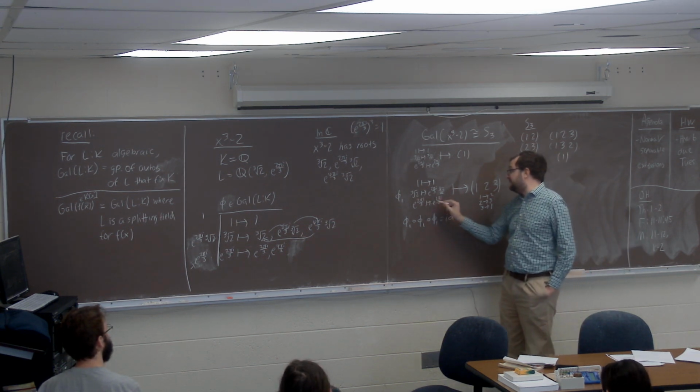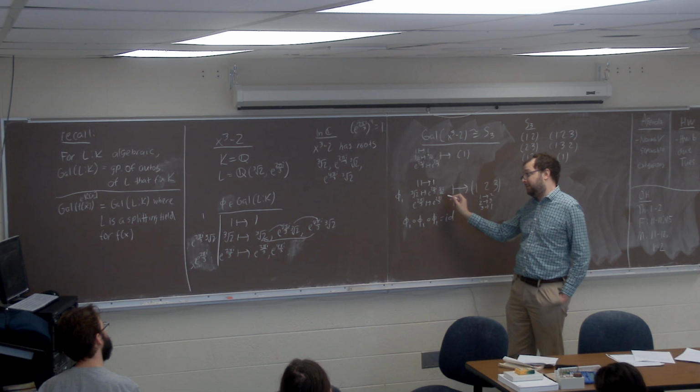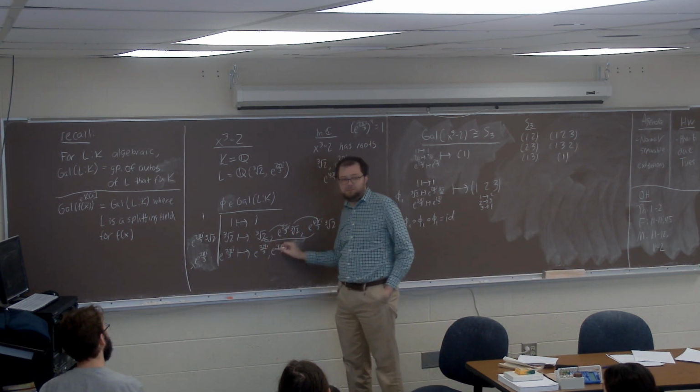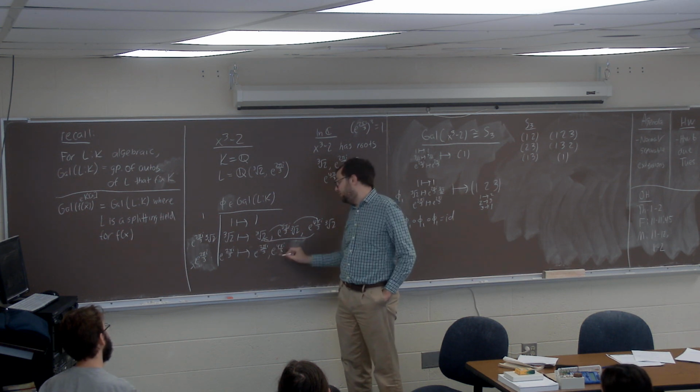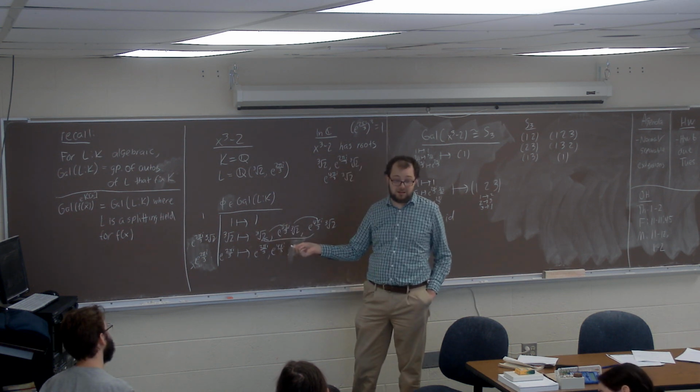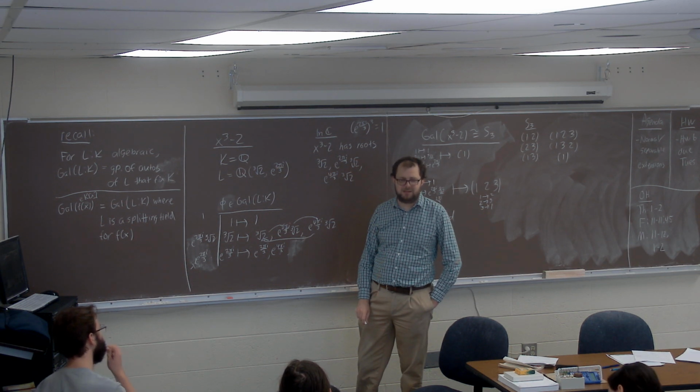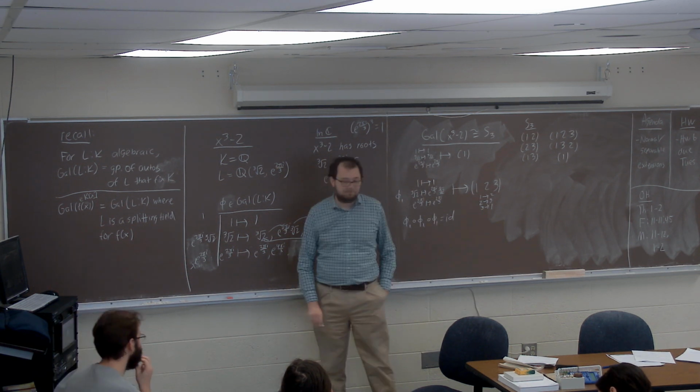If this mapped to e to the 4 pi i over 3, then each time you applied phi sub 1, these would flip-flop with each other. Then if you did it 3 times, you wouldn't end up back where you started, and we wouldn't end up with something we wanted to correspond to a 3 cycle. So this is just going to naturally fit like a glove.